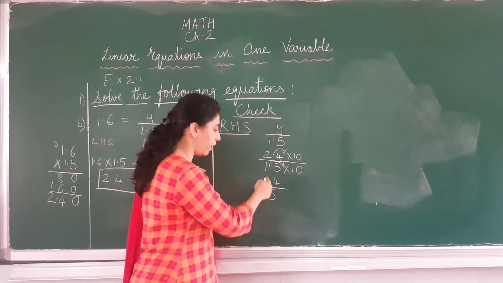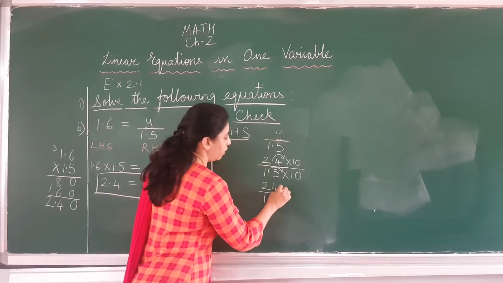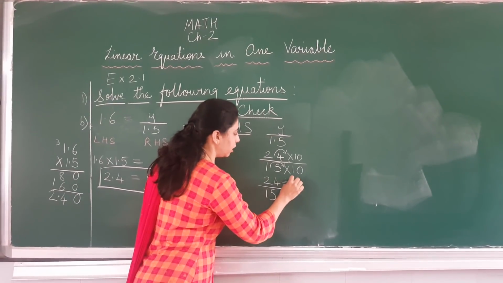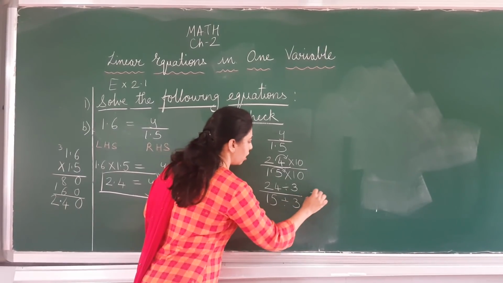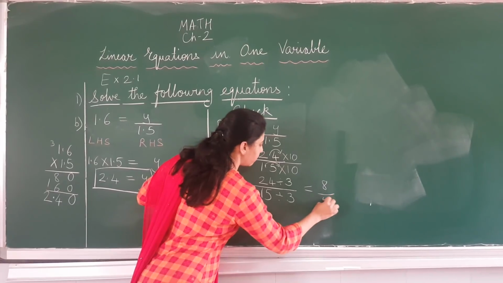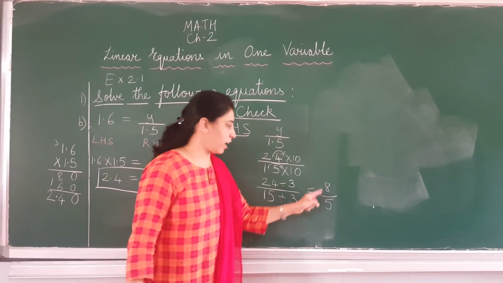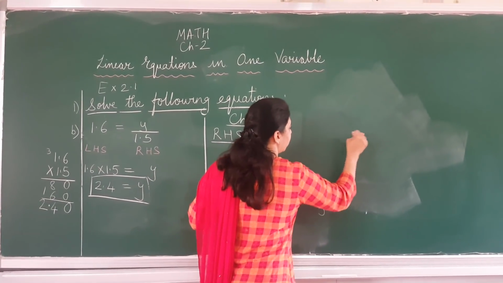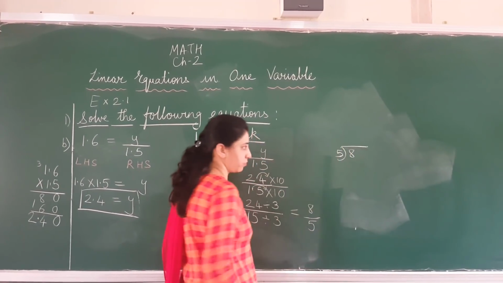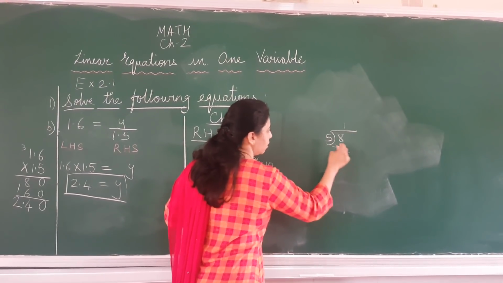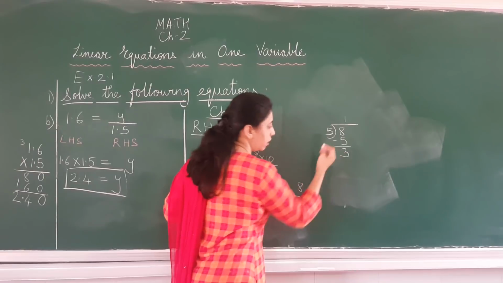Okay. Now we check by which number it is divisible. It is divisible by 3. So 3 8s are 24, 3 5s are 50. You have got the fraction 8 upon 5. Now we do the division. 8 divided by 5, 5 ones are 5, 8 minus 5 is 3.